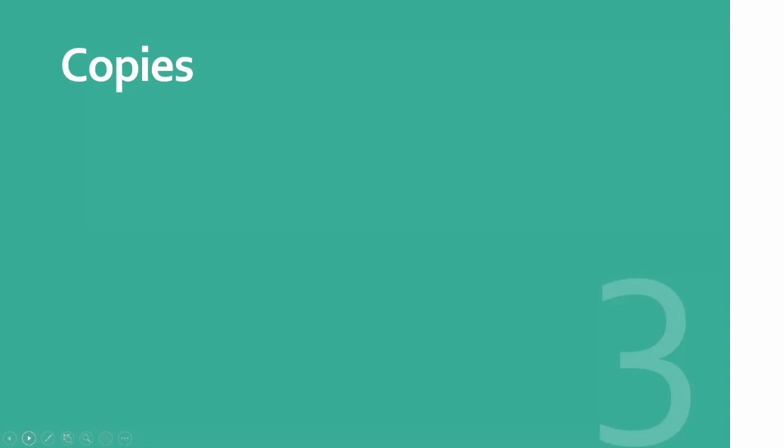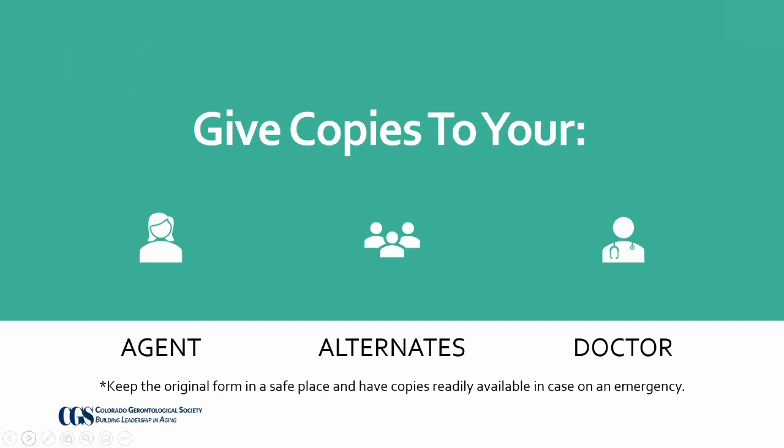available at this point in time, so we want to make sure that we have the copies that we need and distributed to the individuals that need to have those copies. So in case of an emergency, those copies are there. So you need to give copies to your agent, your alternates, your doctor.